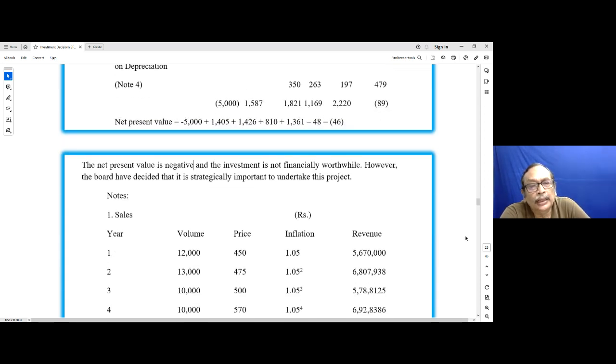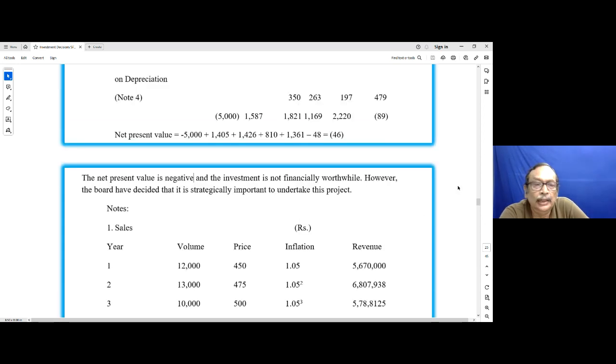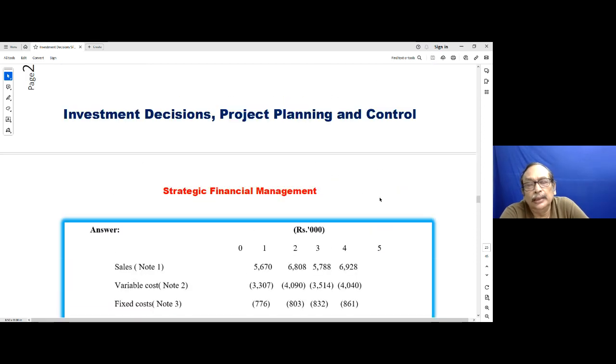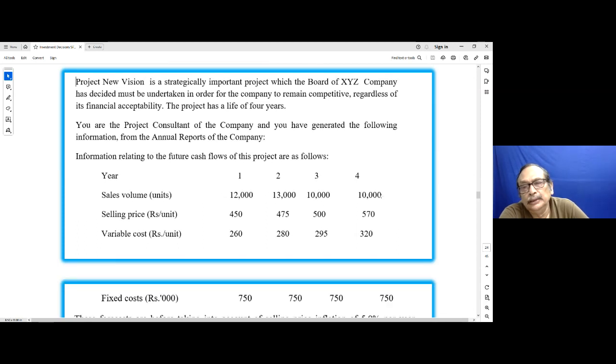Now the net present value is negative and the investment is not financially worthwhile. However, the board have decided that it is strategically important to undertake this project. So what we have learned, let us make the summary. If you are given a certain project, and here you see project New Vision is a strategically important project.